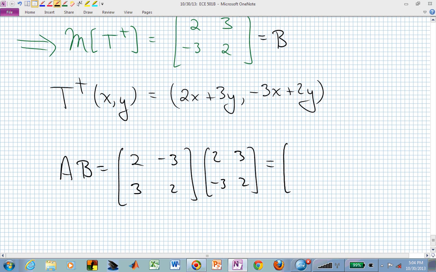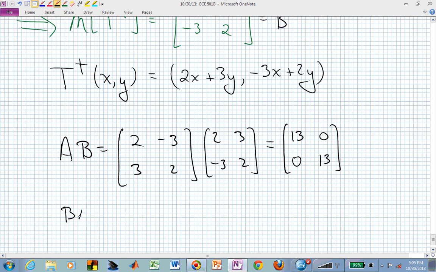The 1, 1 entry is going to be 4 plus 9, or 13. The 2, 1 entry, I take 3 times 2 and add to 2 minus 3, it's 6 minus 6, that's going to be 0. If I look at the 1, 2 entry, I have again 6 minus 6. And the 2, 2 entry is 9 plus 4, or 13.